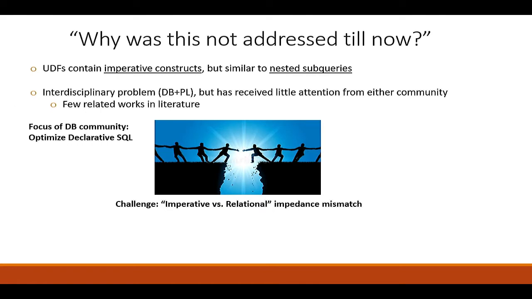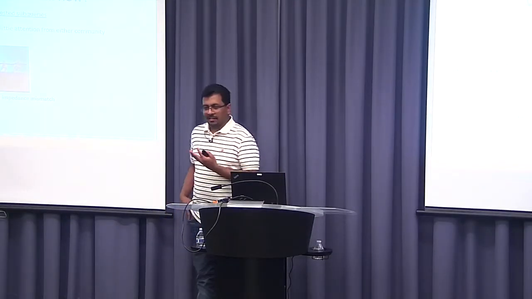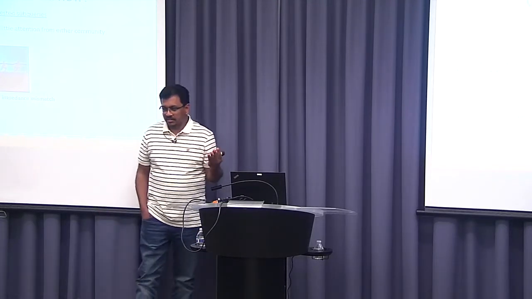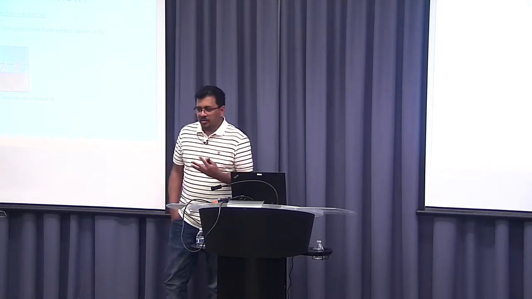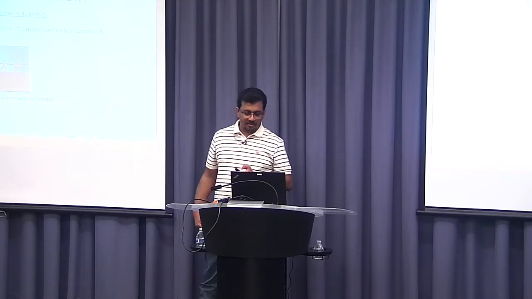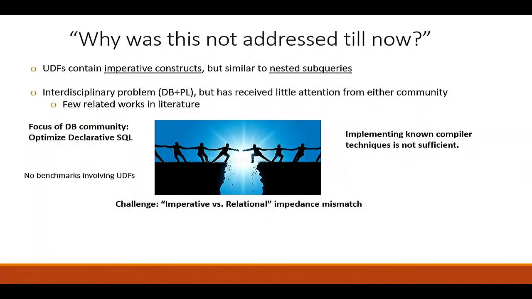So the main focus of the DB community has been to optimize declarative SQL. To give evidence for that, none of the standard database benchmarks even have a single UDF in them. That shows that that's not really the primary focus of the database community. It has not been so far, at least.